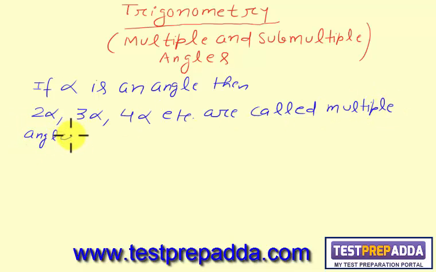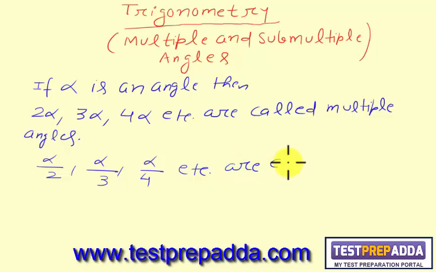Now, if I take alpha by 2, alpha by 3, alpha by 4, etc., then these angles are called submultiple angles.